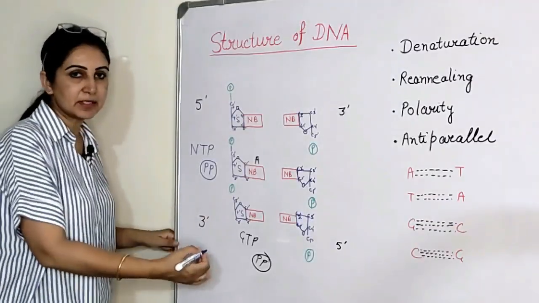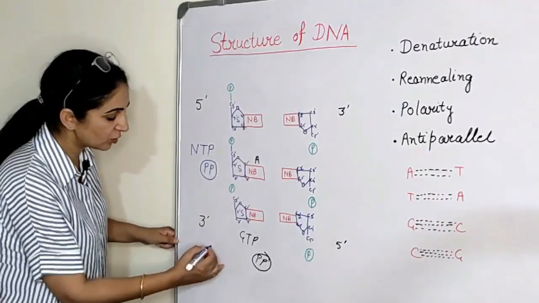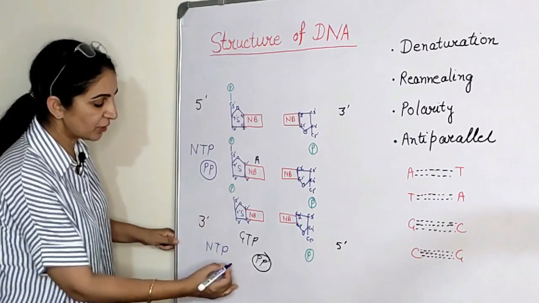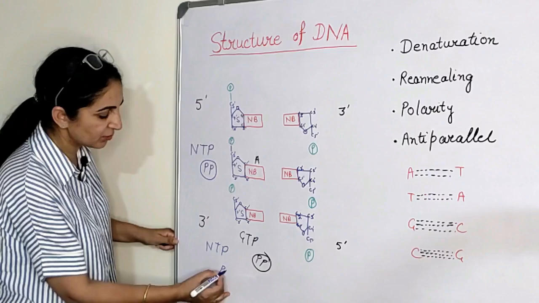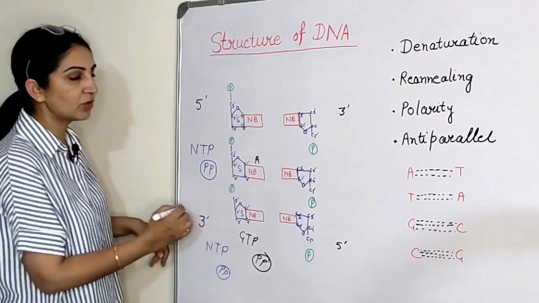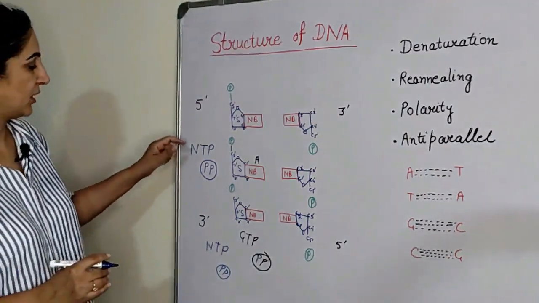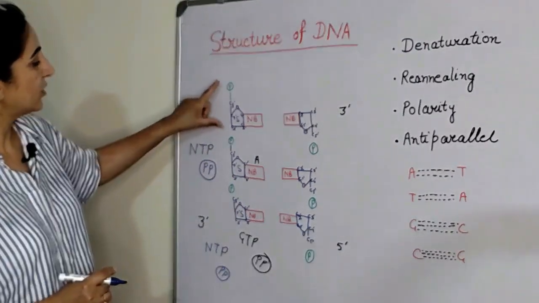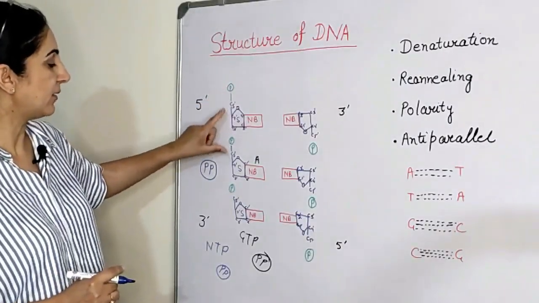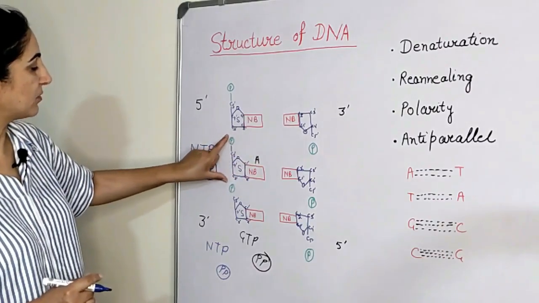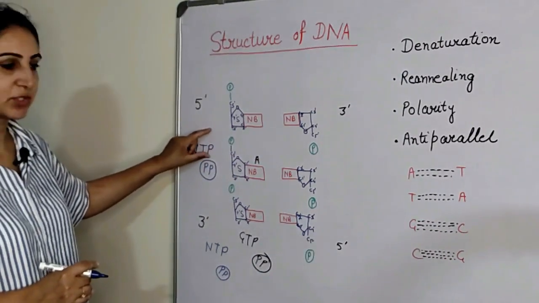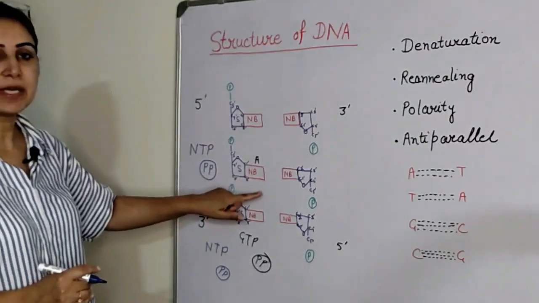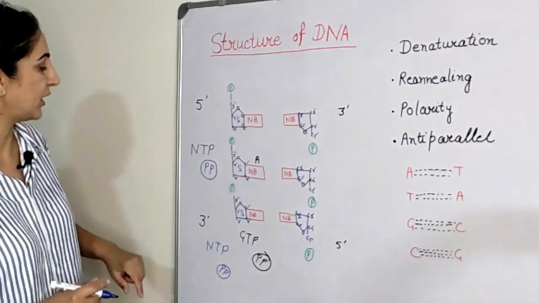Similarly, the third one and all the other nucleotides also come in the form of nucleotide triphosphates, from which the pyrophosphate group gets removed and only nucleotide monophosphates are left, which take part in the formation of the DNA strand. So this is our one nucleotide. This new nucleotide comes in the form of nucleotide triphosphate. The pyrophosphate group gets removed, so we are left with nucleotide monophosphate.